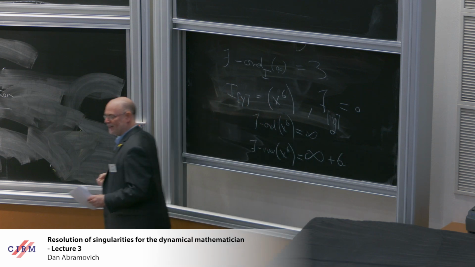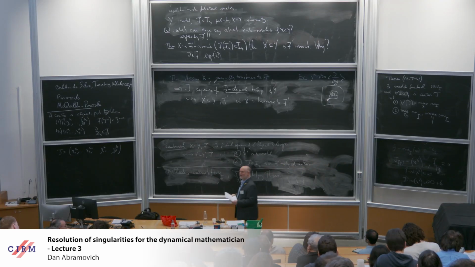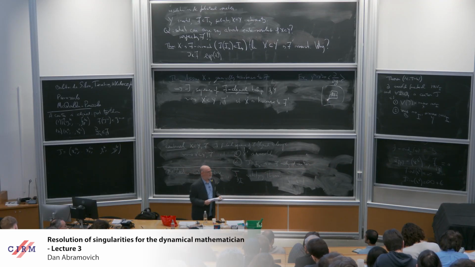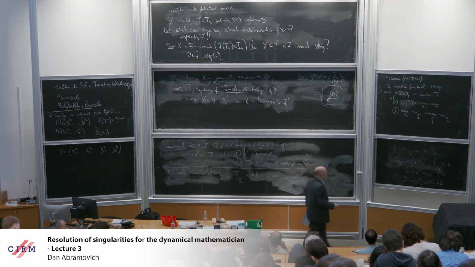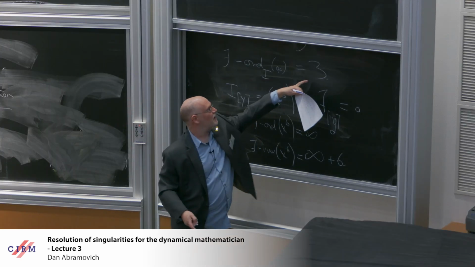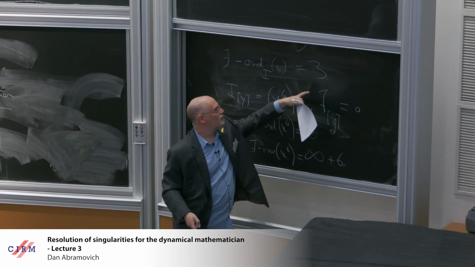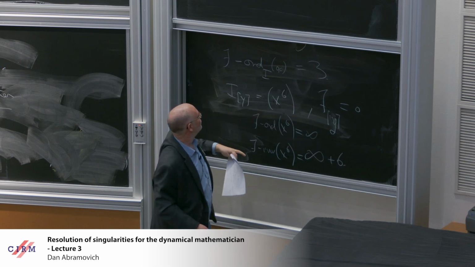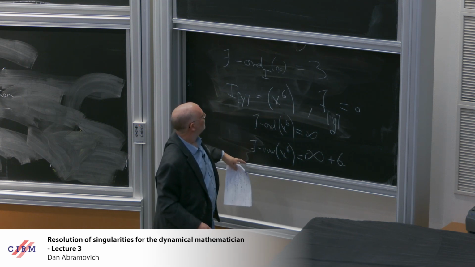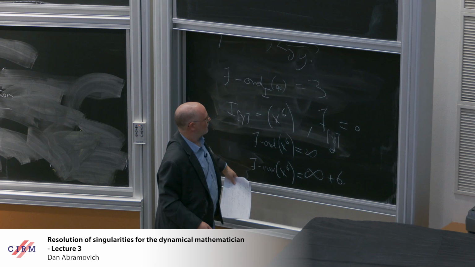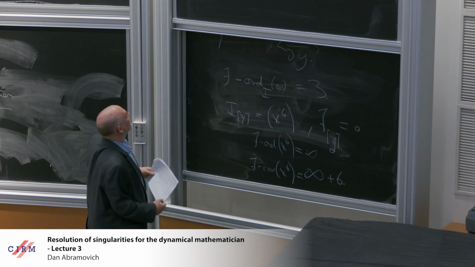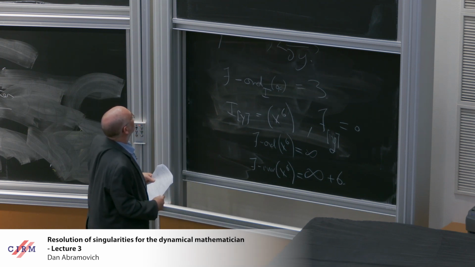You remember the infinity because F did nothing for you, but usual derivatives gave you 6. And we rescaled it by 3 minus 1 factorial, which is, did I do it right? 3 minus 1 factorial is 2.